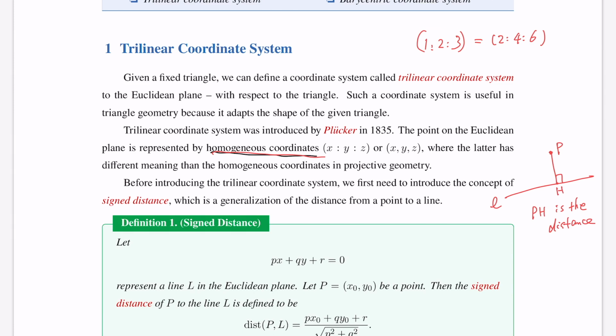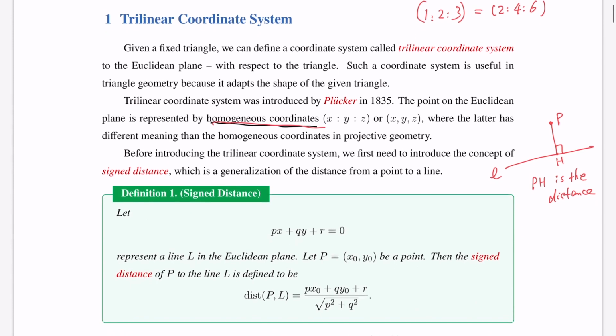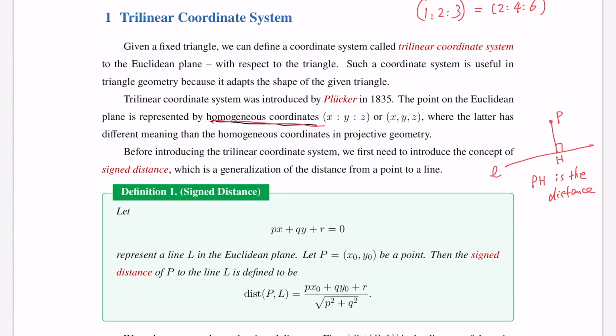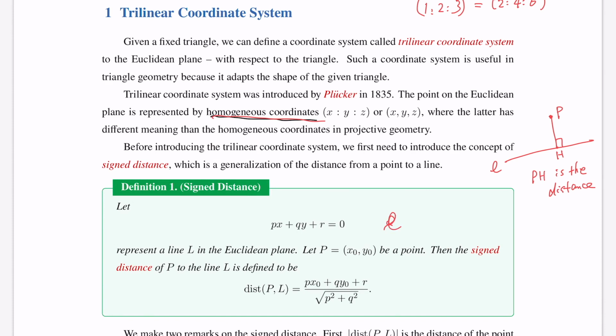Okay, so we have a good formula in analytic geometry towards that. In plane geometry, it is a little bit difficult to compute PH. But in analytic geometry, there's a good formula to compute the distance. So let's say the equation for L is written as Px + Qy + R = 0.